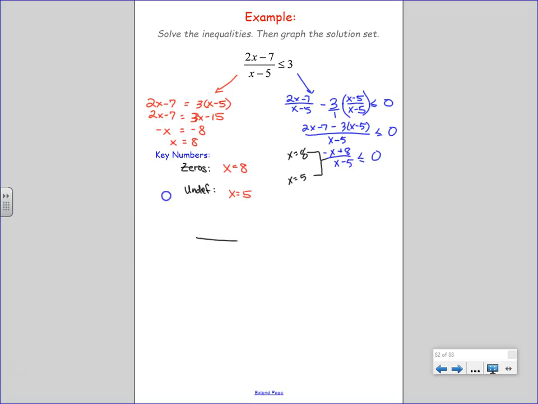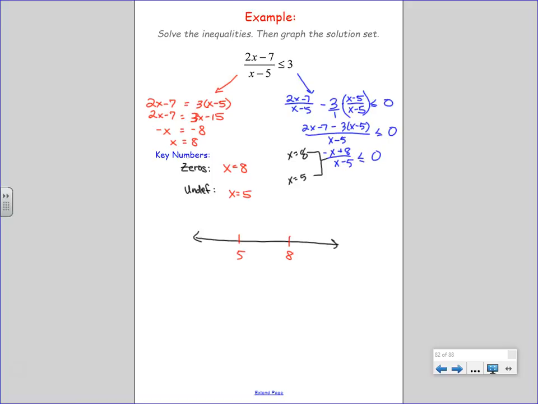And what do we do with key numbers? Put them in a number line. Okay, we're past all the crazy. So put 5 in the number line, put 8 in the number line. Before we get to the table, where we ask ourselves true or false, am I going to have an open circle above 5 or a closed circle if 5 is an undefined point?